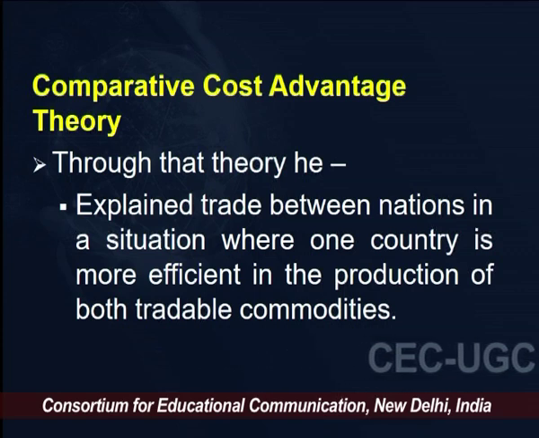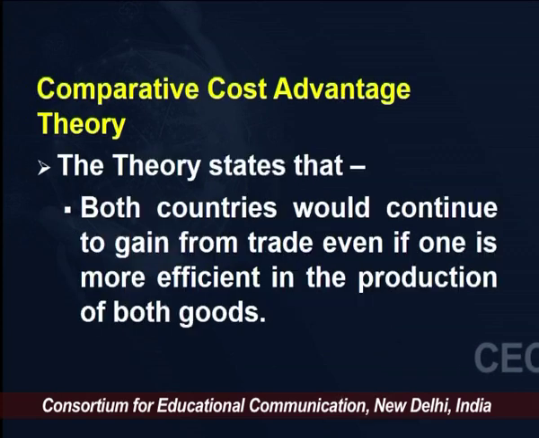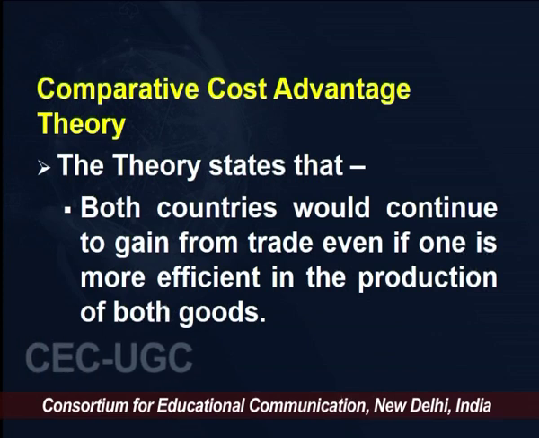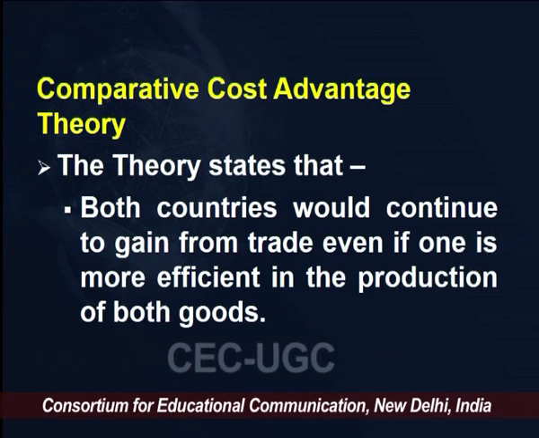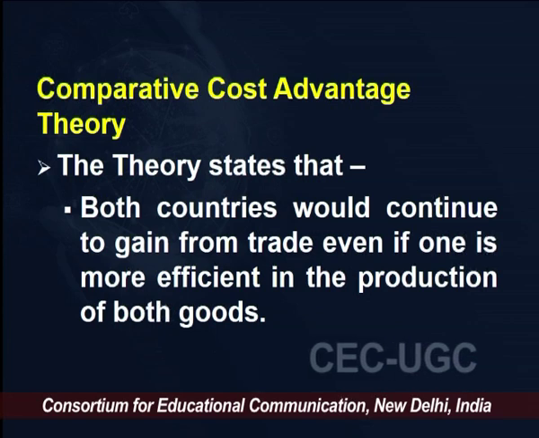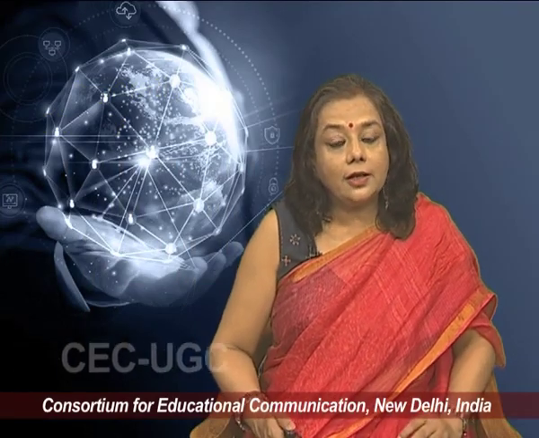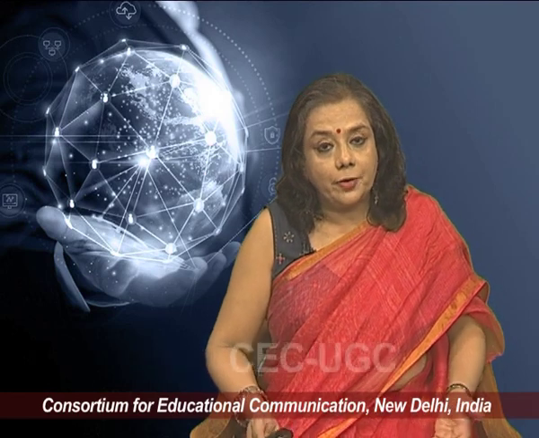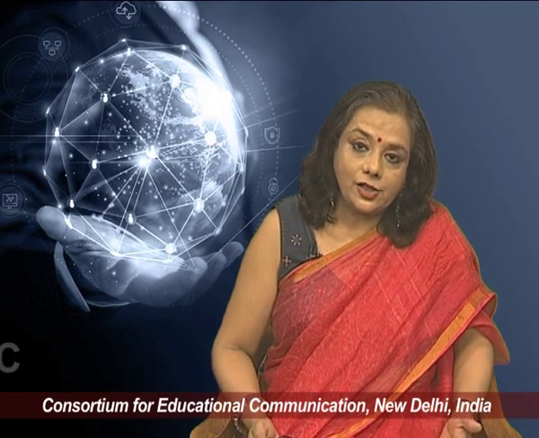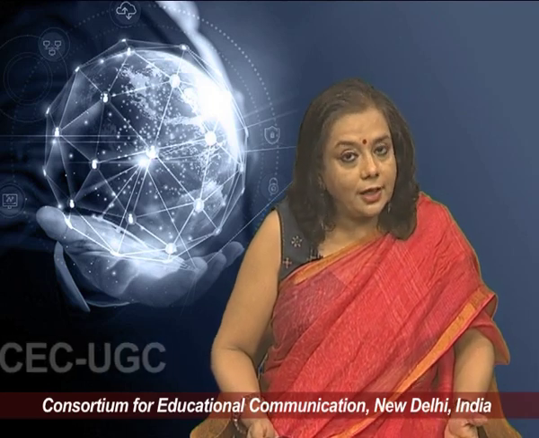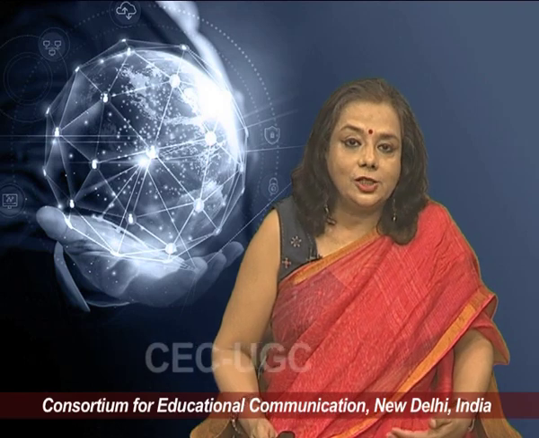The theory states that both countries would continue to gain from trade even if one is more efficient in the production of both the goods. So, this is a unique situation. One country is having advantage in production of both the goods, still they will go for international trade for one of the commodities, and the other they will produce indigenously.